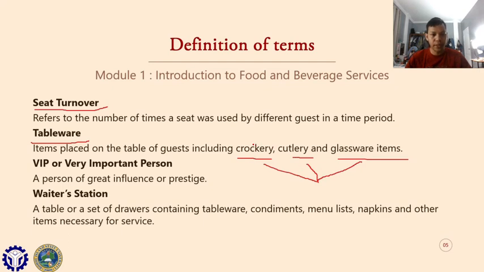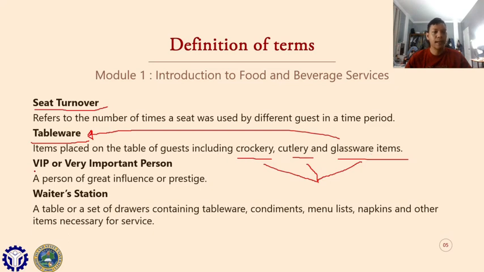The examples of crockery are plates and bowls, the examples of cutlery are spoon, fork, and knives, and the glassware are the water goblet, wine glass, champagne glass, etc. For example, your supervisor will say, "Set up the tableware." Tableware means that you need to get the crockery, cutlery, and glassware, and you need to set them up on the table.